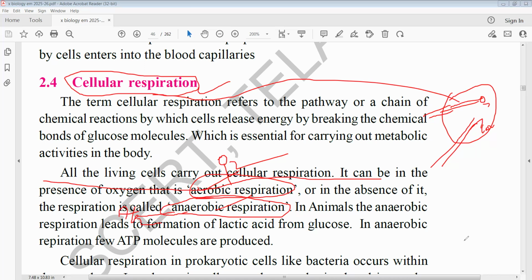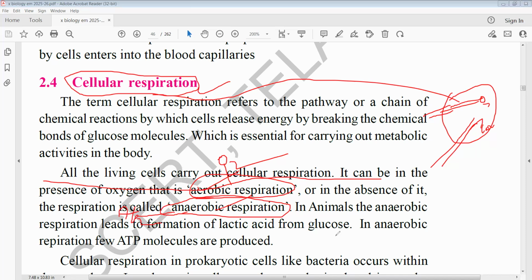Generally, all kinds of organisms, living beings, plants, animals, human beings, carry out aerobic respiration, but anaerobic respiration is carried out mainly in microbes, and also in the human body in muscle cells. Sometimes if the oxygen does not reach the muscle cells, then in those cells, without oxygen, materials will be broken down.